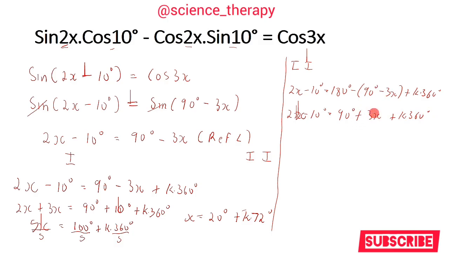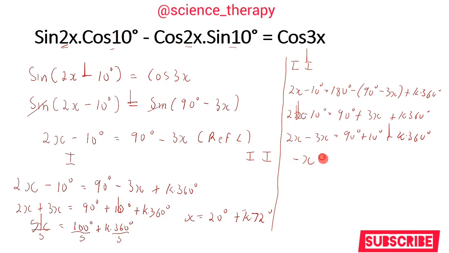Again, you want to have all your x's to one side, so that's 2x minus 3x is equal to 90 degrees plus 10 degrees, then plus k 360 degrees. Now what is 2x minus 3x?